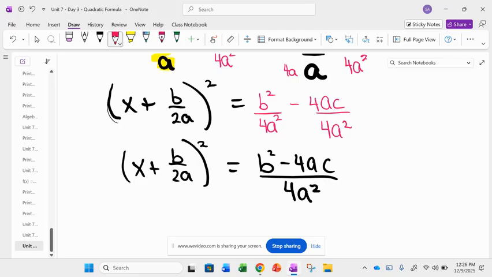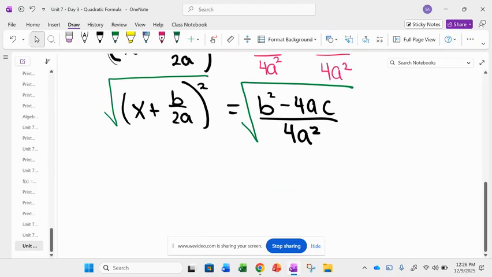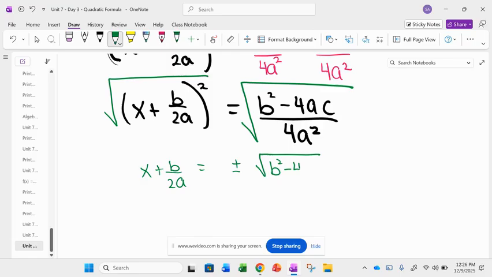Now we solve. To undo a square, we're going to take the square root. And now remember, when we're solving and we take a square root, we have to account for the positive and negative value. So I have plus or minus the square root of b squared minus 4ac over the square root of 4a squared, which is just 2a.